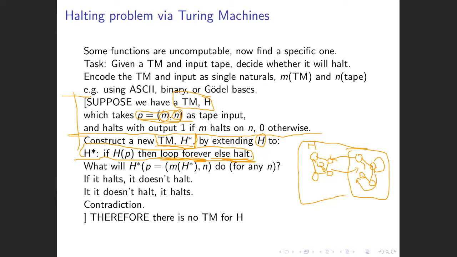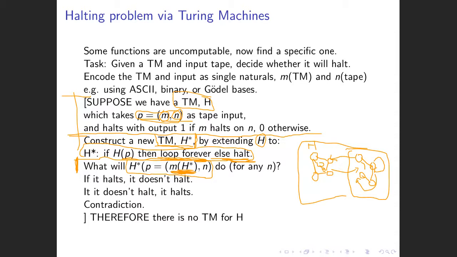And then, just like Church did, and just like Gödel did first, we then make a strange loop. We feed the thing into itself. So now we're going to say, what will the new machine H star do if we give it H star as an input?